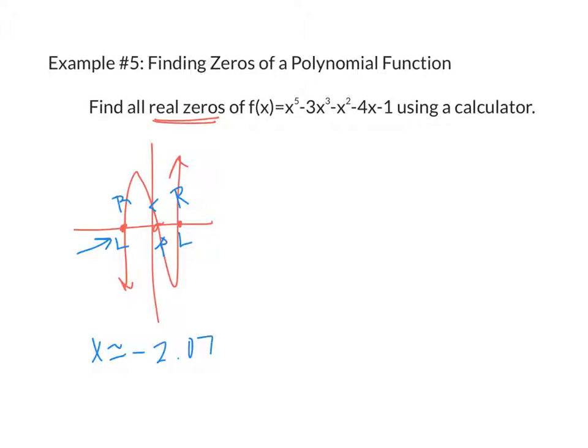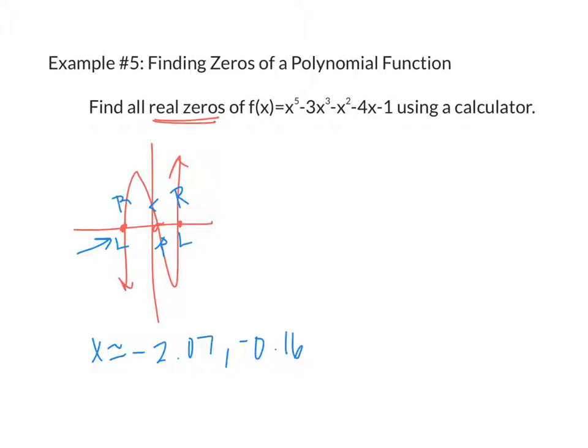Okay. The next one, if I do second trace, zero. Okay. Left bound, again, should be just right above the x-axis. Right bound is right below. So that value is about negative 0.16.